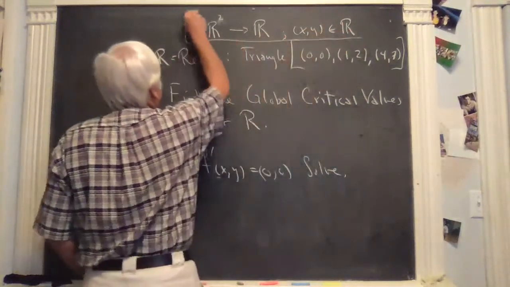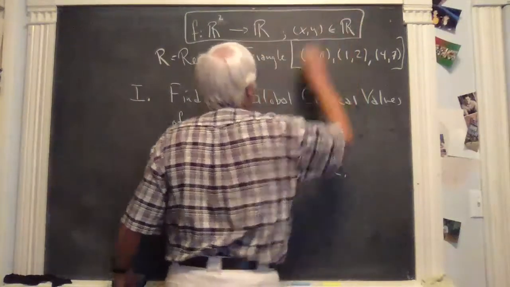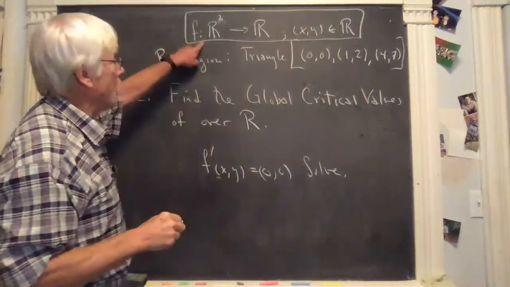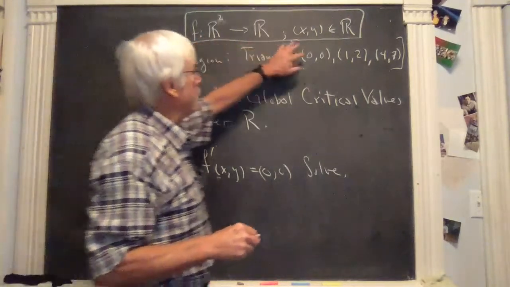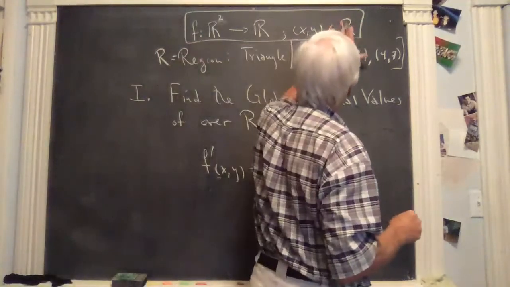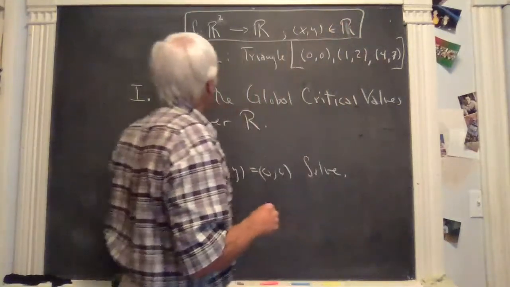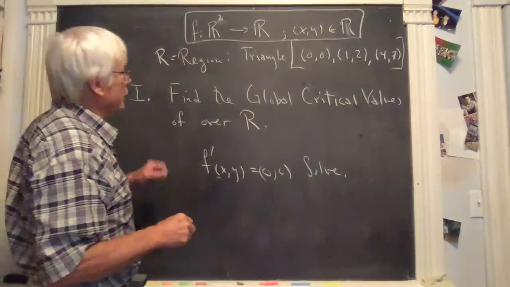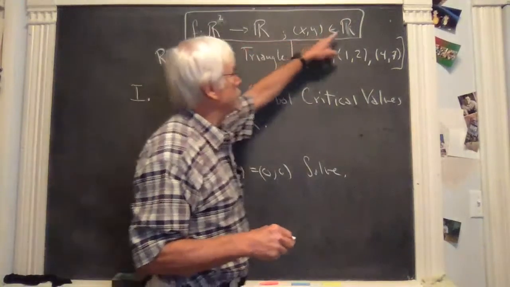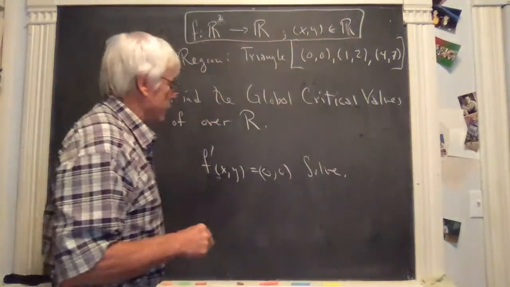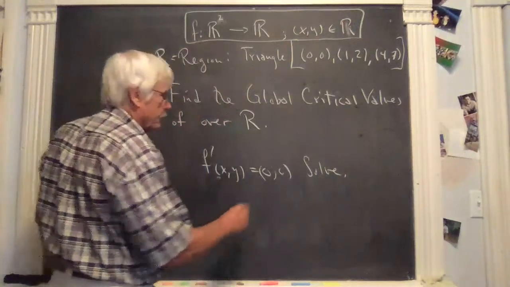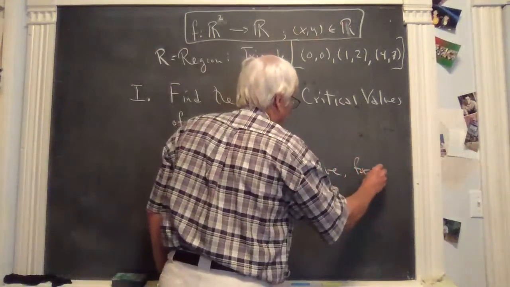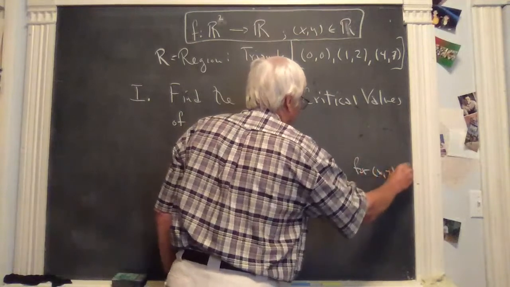So this domain, saying x and y is in R, is part of the definition of the function. So the function will consist of an equation, and it will consist of a restriction, and that is part of the definition of the function. So we solve this for values x and y in the region that we're given.